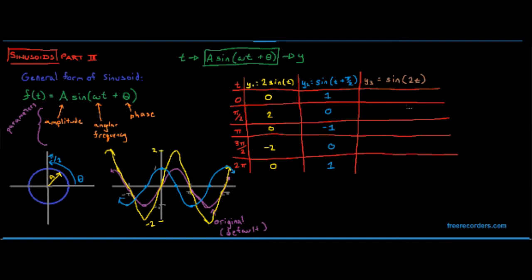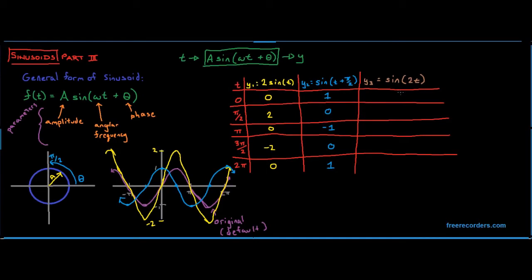As our example, let's make omega equal to 2. So we are traveling around the unit circle twice as fast as default. When t is equal to 0, the argument of sine is 0, and the output is 0. When t is equal to pi over 2, the argument of the function is pi, and the output is 0, and so on. We have a problem now.